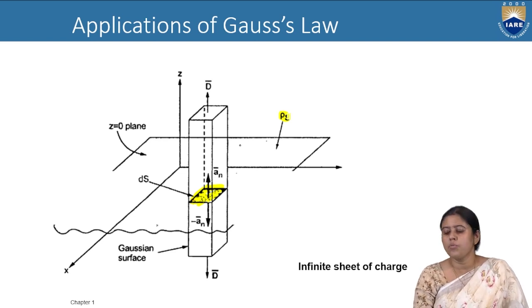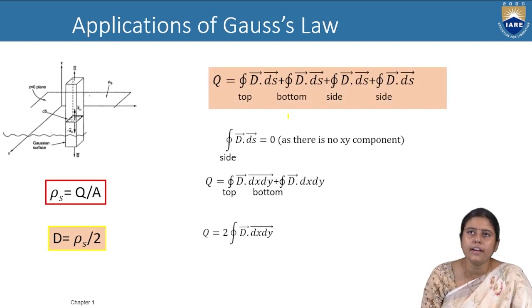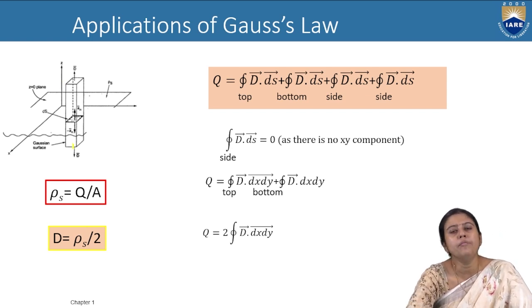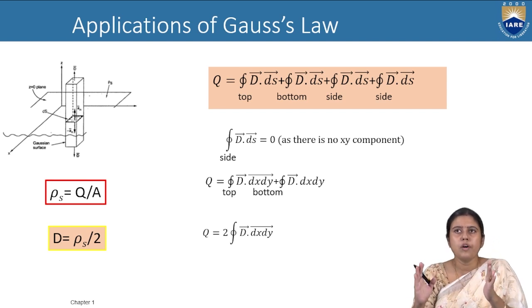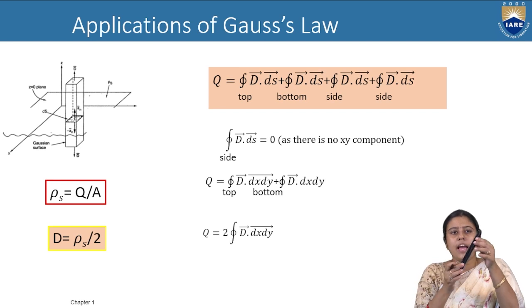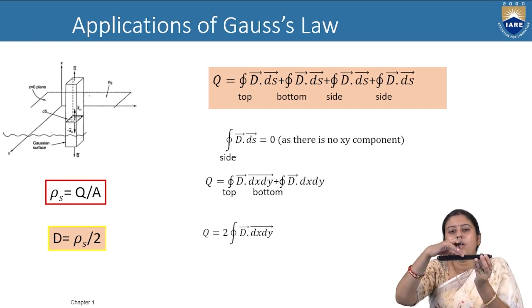This is the x, y, z axis. When we think about this box, how many surfaces do we have? We have a total of 6 surfaces: top, bottom, one pair of sides, another pair of sides.